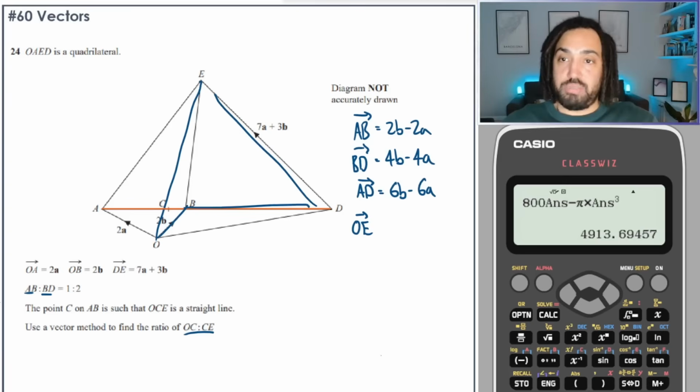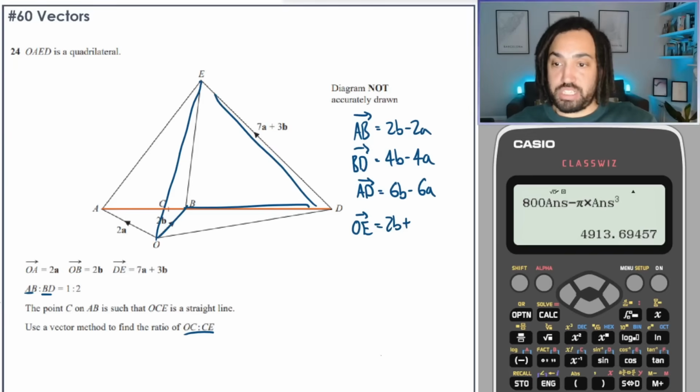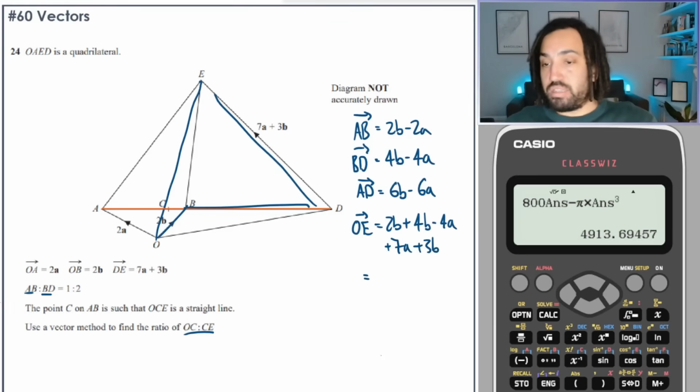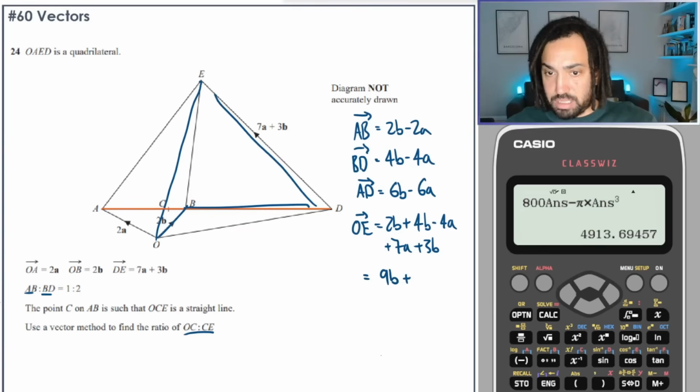So that is going to be 2B plus BD, which is 4B minus 4A, plus DE, which is 7A plus 3B. So that gives me a total of 9B plus 3A.